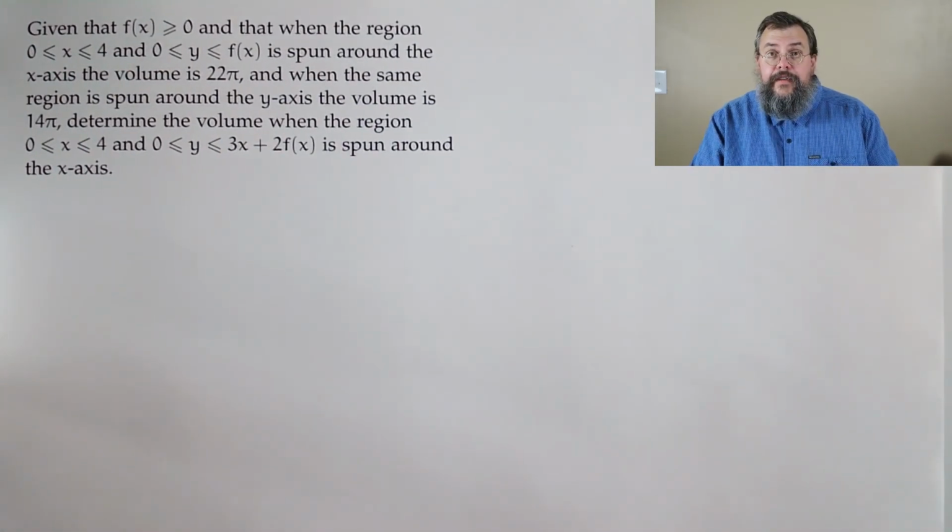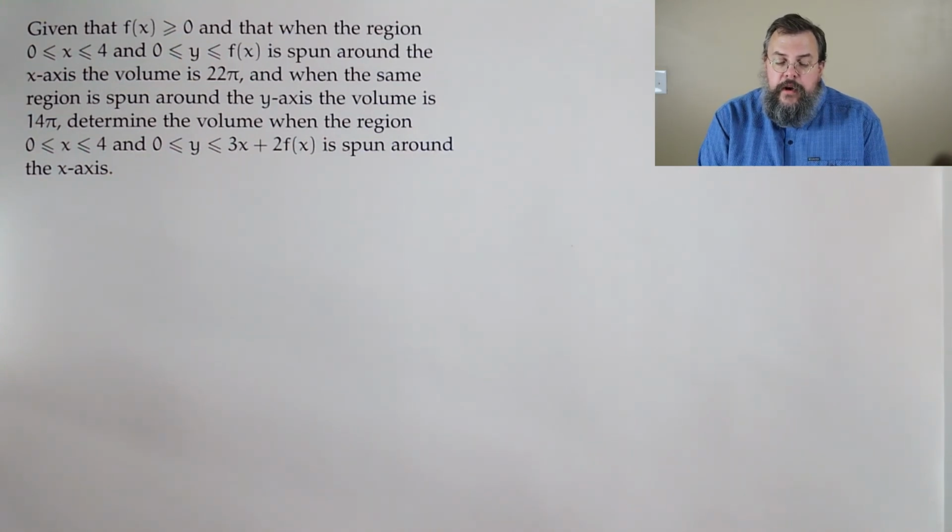Given that f of x is greater than or equal to 0, and when the region 0 less than or equal to x less than or equal to 4, and 0 less than or equal to y less than or equal to f of x is spun around the x-axis, the volume is 22 pi, and when the same region is spun around the y-axis, the volume is 14 pi.